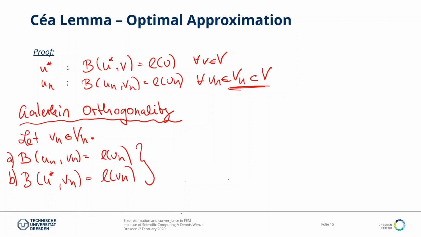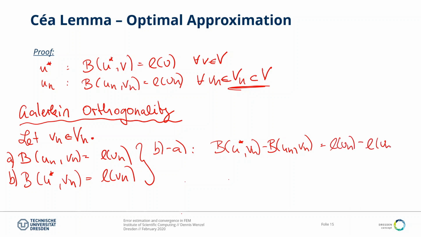And then you see that on the right hand side here we have printed the exact same thing. That's why we are going to combine those two and form the difference. So B minus A. That gives you, on the left-hand side, B of u star and vh minus B of uh and vh. And on the right-hand side, you just have L of VH minus L of VH.